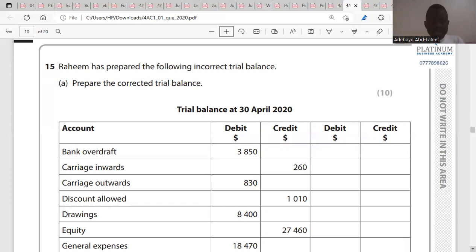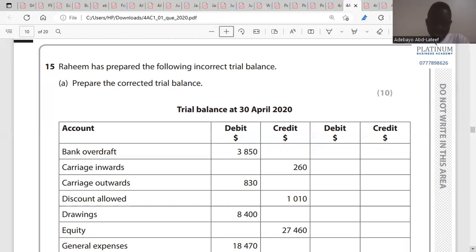Are you with me? I don't know how to do that. Don't worry. I'm not going to do the figures for you. I'm going to state which one is supposed to be on the credit side and which one on the debit side. So as soon as you receive the image from me, you should try to post them the way you see them.